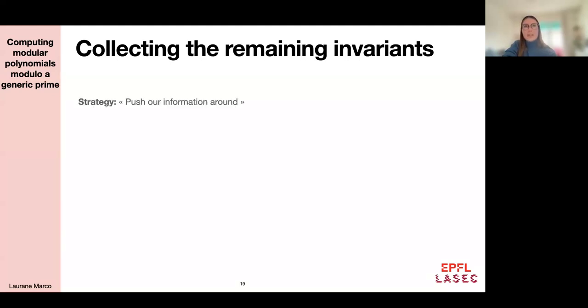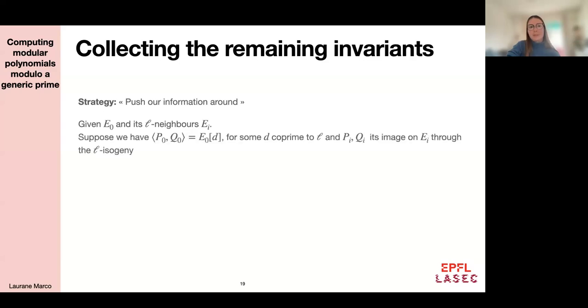So here the idea was to push the information that we have around. We have E0 and we have all the curves Ei that are L isogenous to E0.